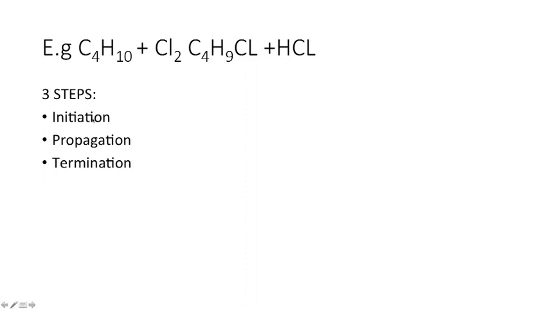The 3 steps to this reaction are initiation, propagation, and termination. Let's start with initiation. So let's go for just a normal black. First things first, let's just write the equation up here quickly.